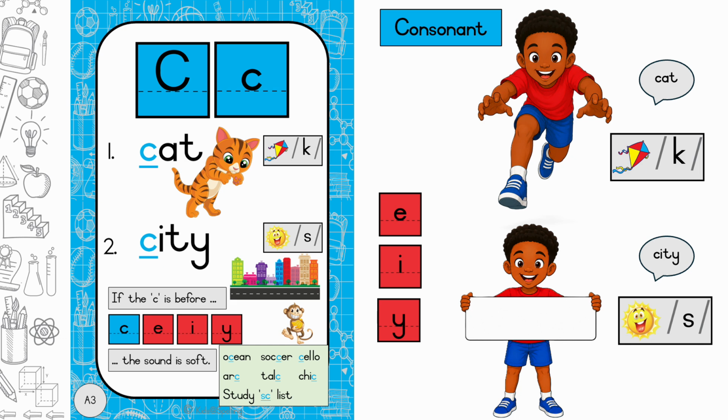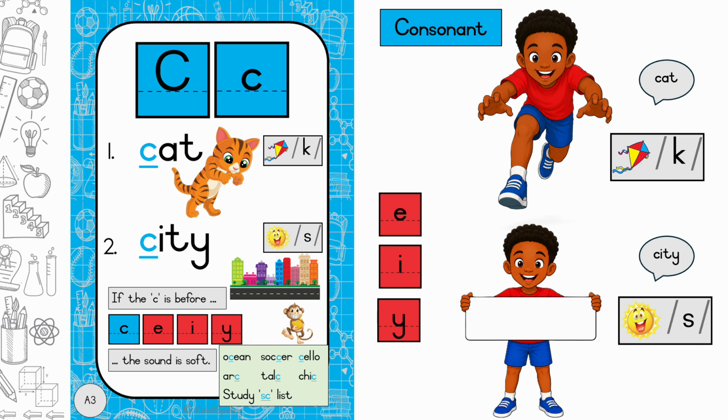On the bottom right, you will find a green block with a naughty monkey. That covers all the exceptions that you need to study. You do not need to worry about that in grade 1. We're going to add the exceptions as we move through the curriculum.